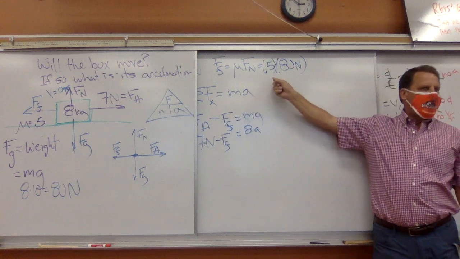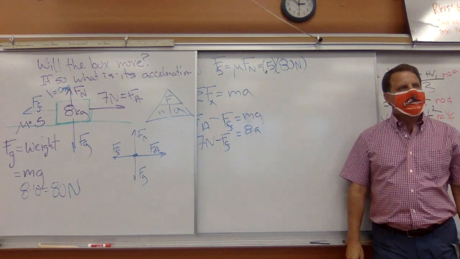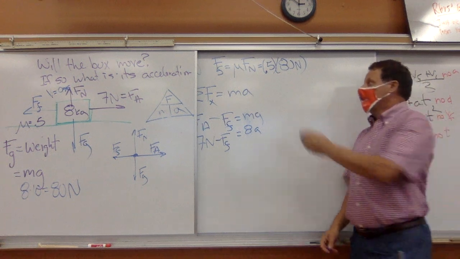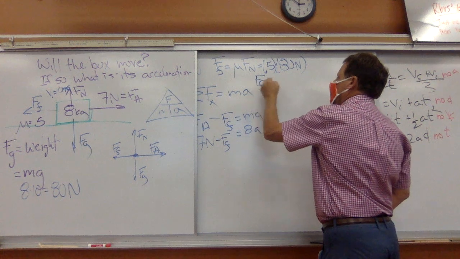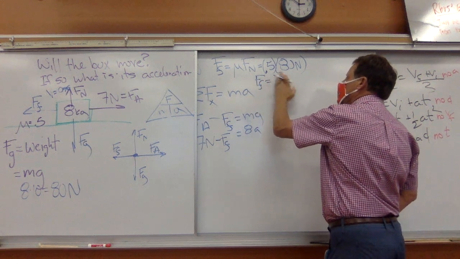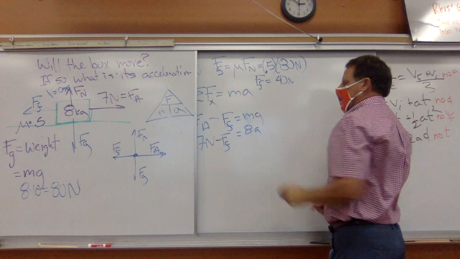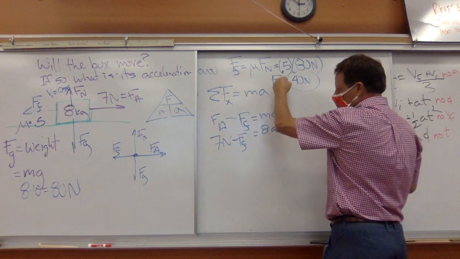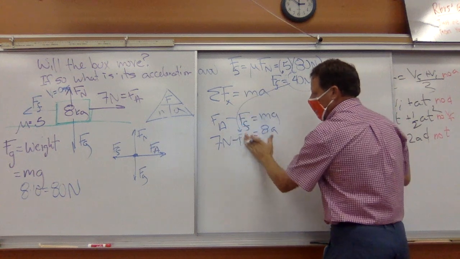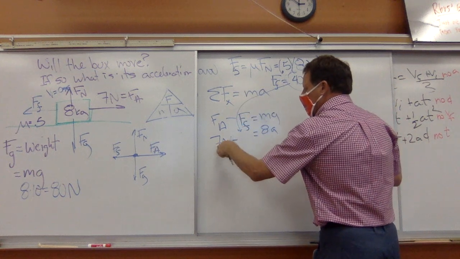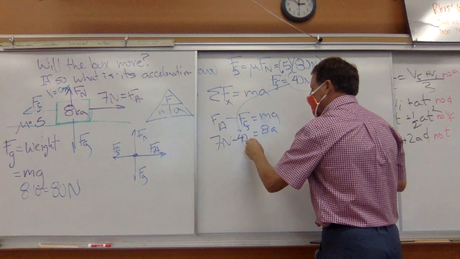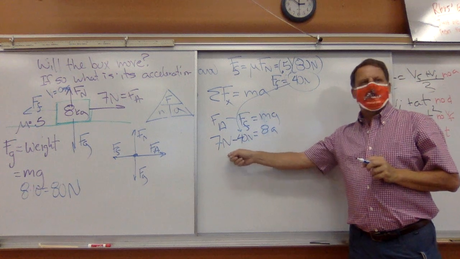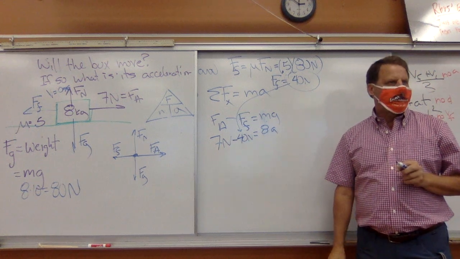So what is 0.5 times 80? 40. So our force of friction is going to be 40 newtons. And we can plug it in right there. So we're going to say 7 minus 40 is equal to 8a. What is 7 minus 40?